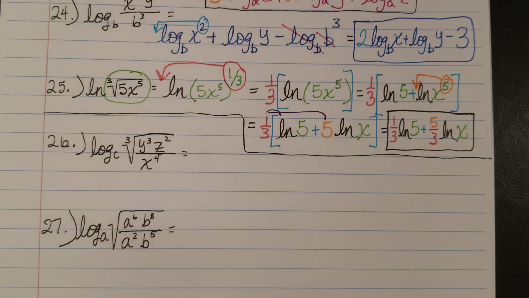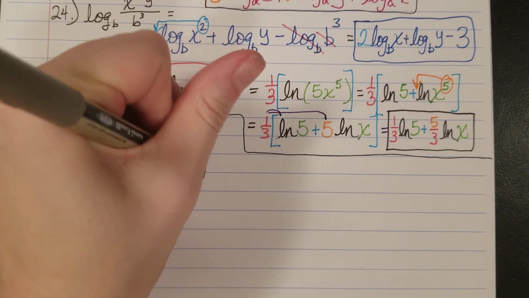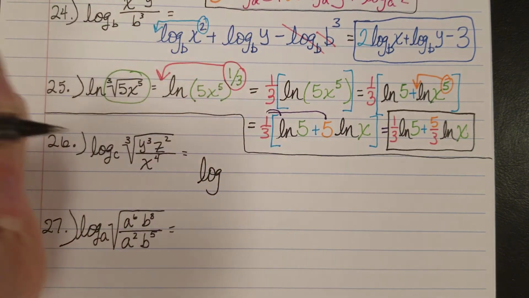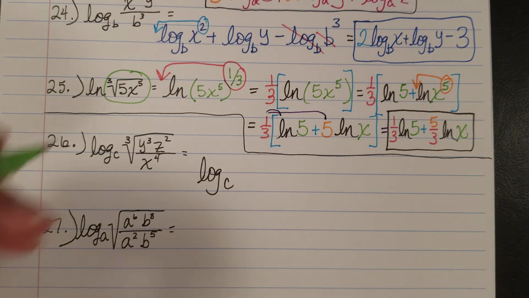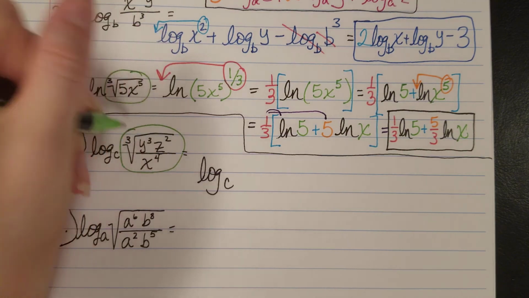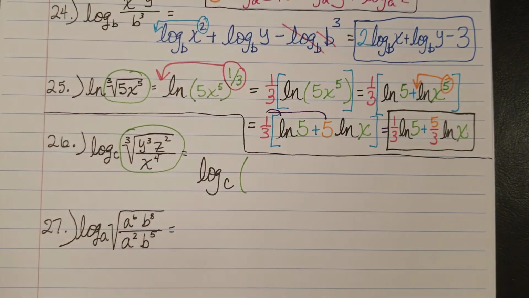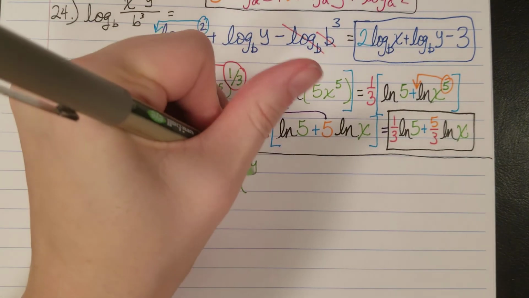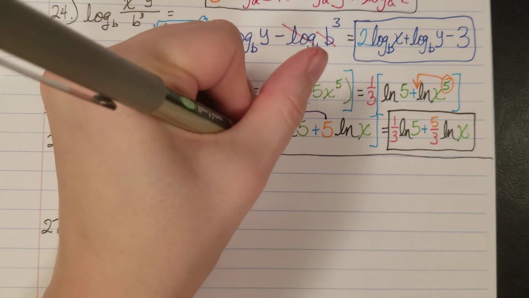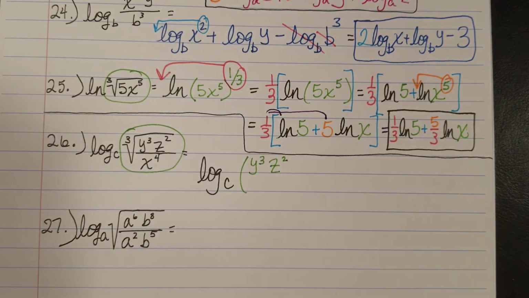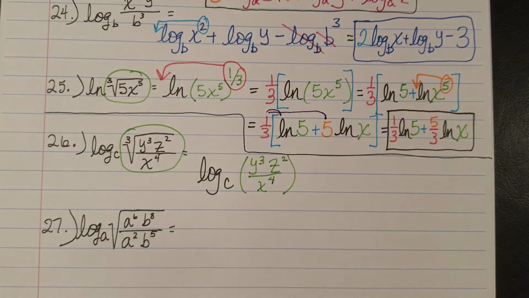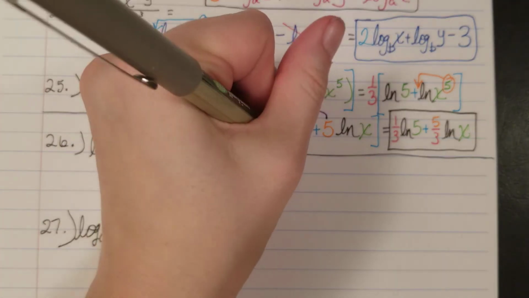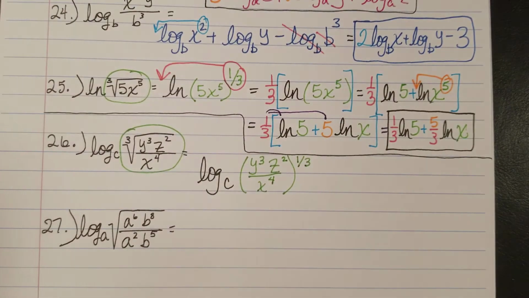So I'm going to have log base C of, parentheses, y cubed z squared over x to the 4th, and then all of that is raised to the power of 1/3.